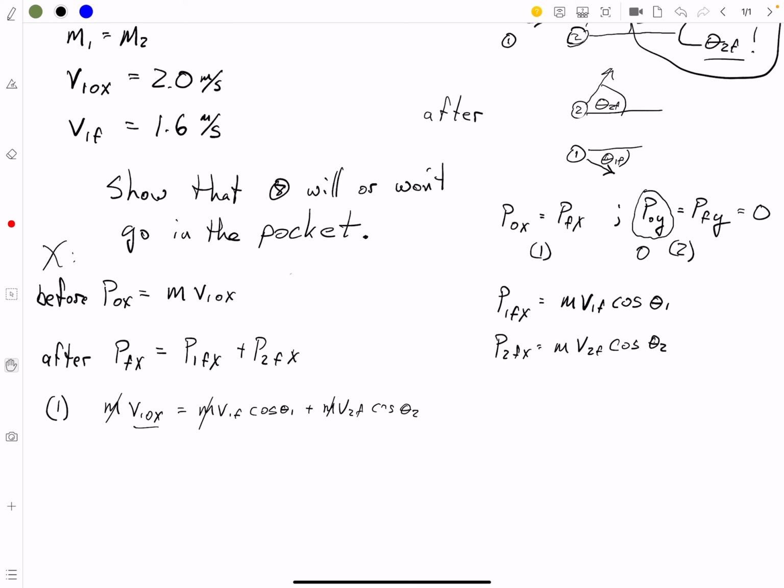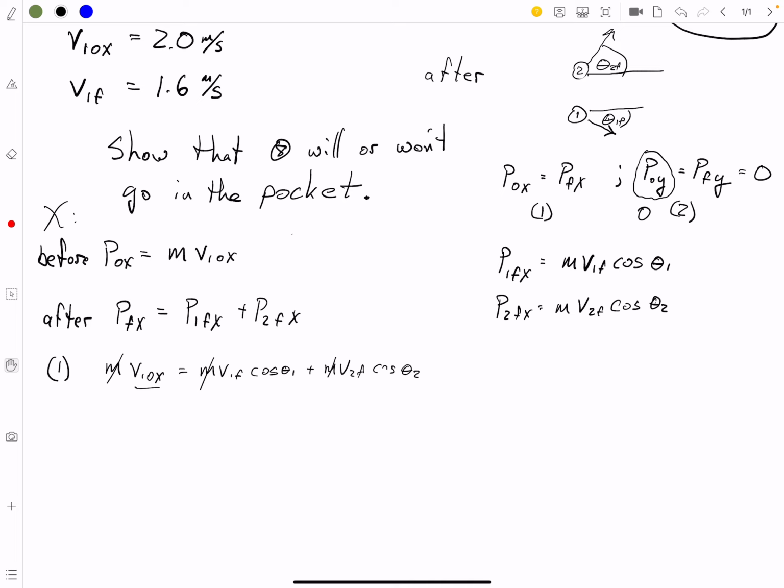just the x direction. Now we're going to look at just the y direction. We have p naught y equals 0. Our p final y then equals 0, which equals our p1 final y plus p2 final y.